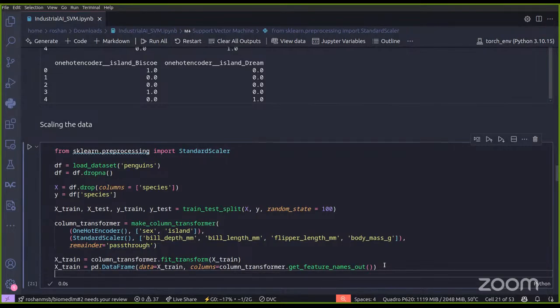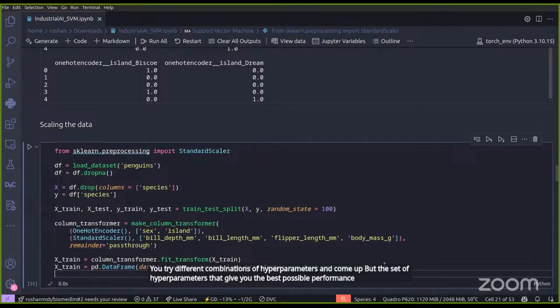Yeah, kernel is one. So what is hyperparameter tuning then? You try different combinations of hyperparameters and come up with the set of hyperparameters that give you the best possible performance. So how many hyperparameters did we discuss in SVC?